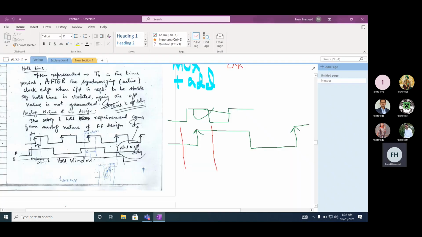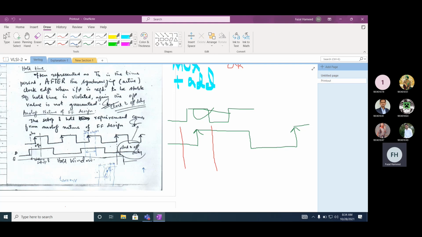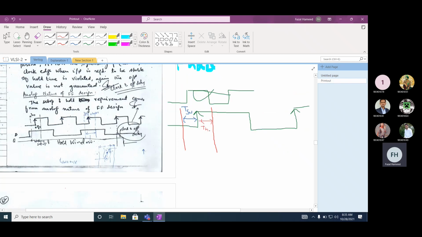Now there are two types of windows, setup and hold time. This time in blue color, TSU, is called the setup time. Now I am drawing with another color, TH. What does TH stand for? Hold time.